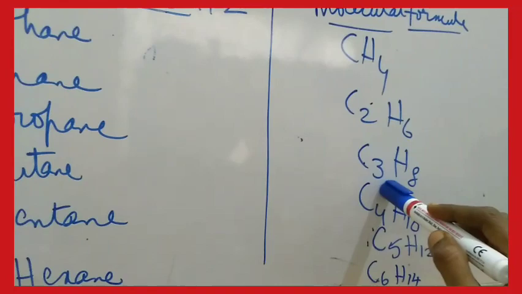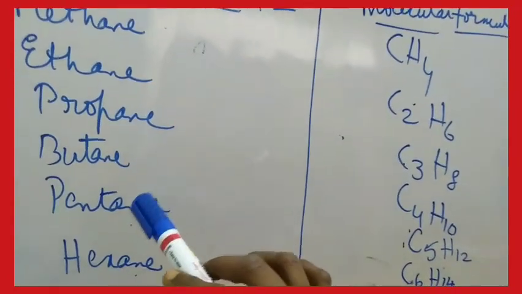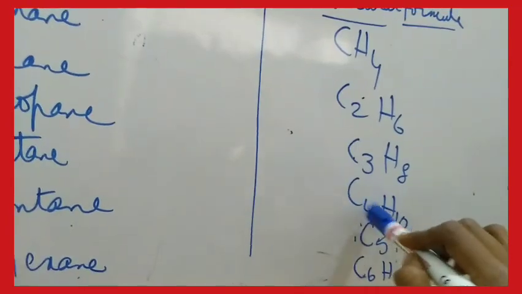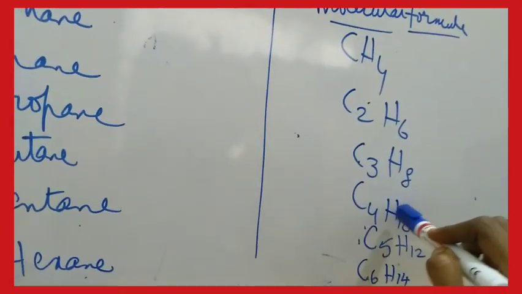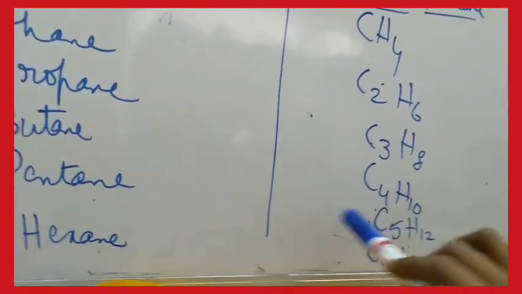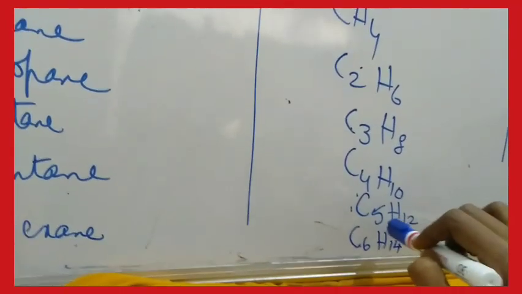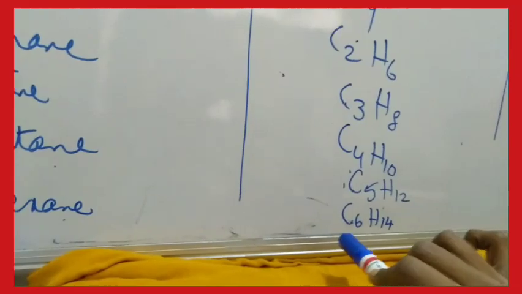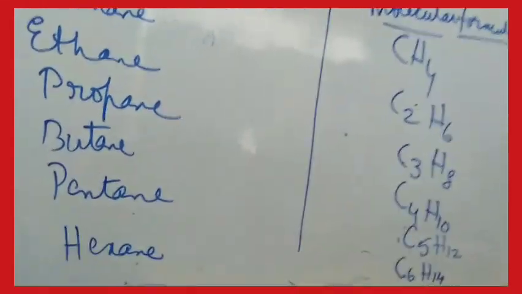For C3H8, if you add CH2, you will get butane, C4H10. For C4H10, if you add CH2, you will get pentane, C5H12. For C5H12, if you add CH2, you will get hexane, C6H14, and you can continue like that also.